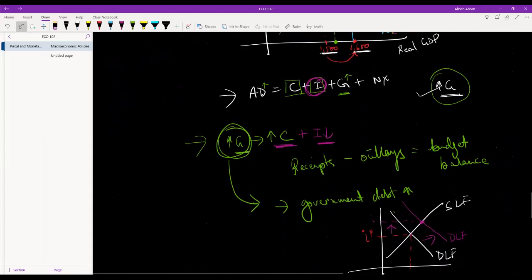And we saw that things aren't as simple as they may initially appear. There are complications in it. Increasing G increases AD, but exactly by how much we can't say for certain without doing a bit more analysis, which is taking a look at the change in consumption and the change in investment.